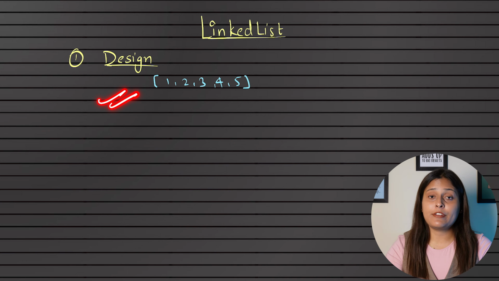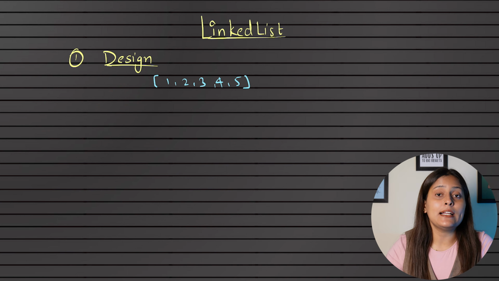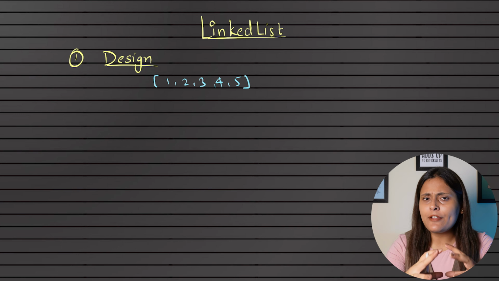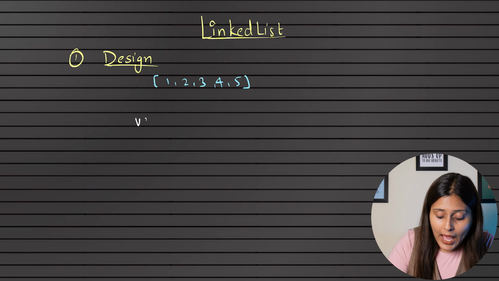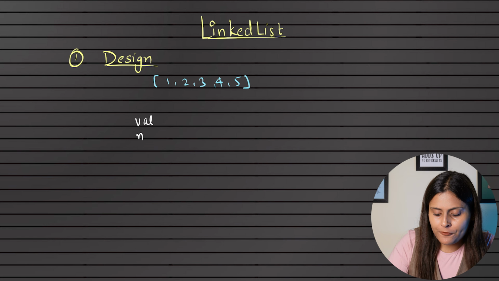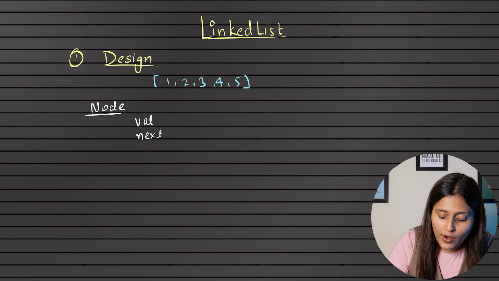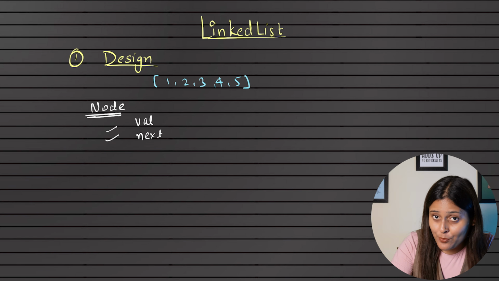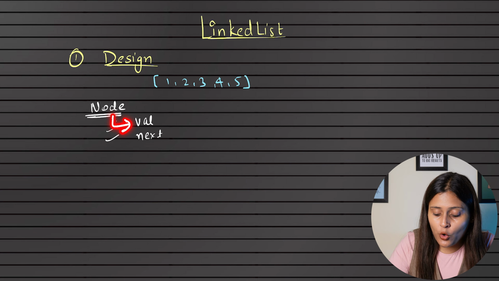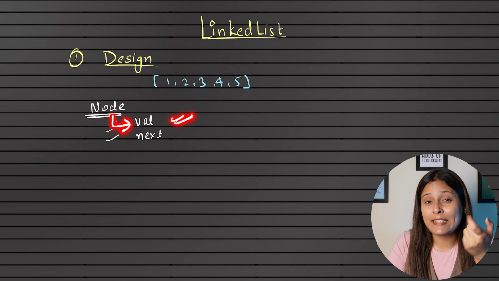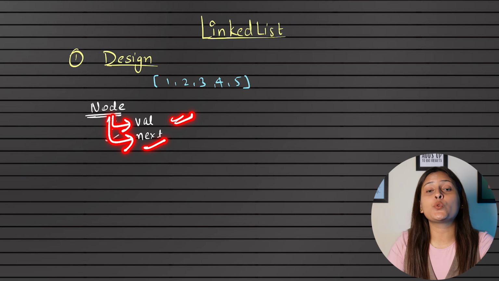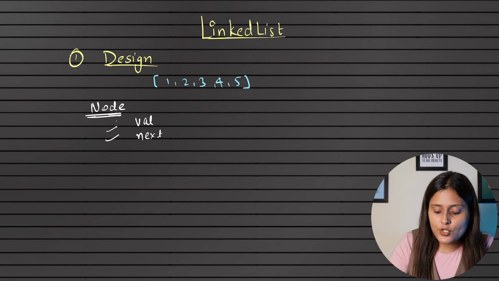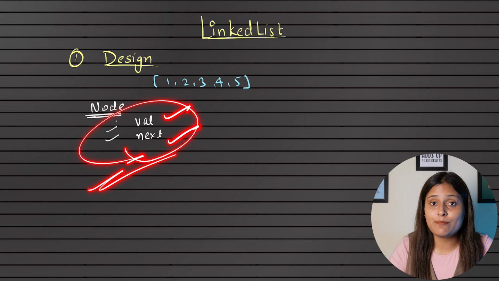Now suppose we are given an array and we have to design a linked list. Definitely we have to make a class where the node has value and the pointer which we call next. So for a node we will have value and next pointer, where using node dot value we can read the data, and using node dot next we can move to the next node. So inside the constructor we will define both of these parameters.